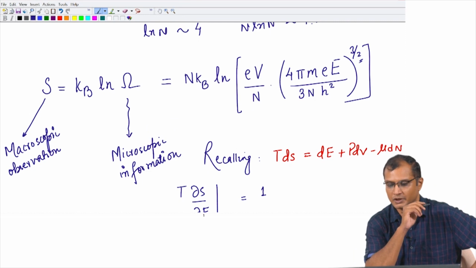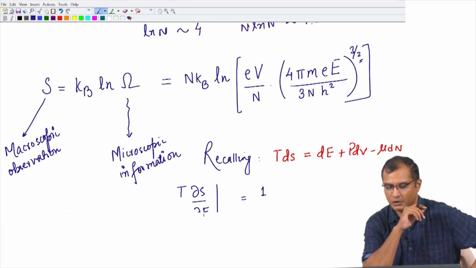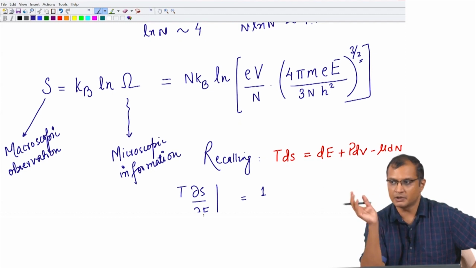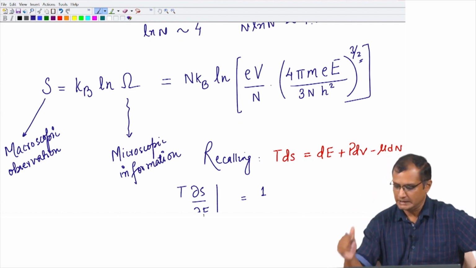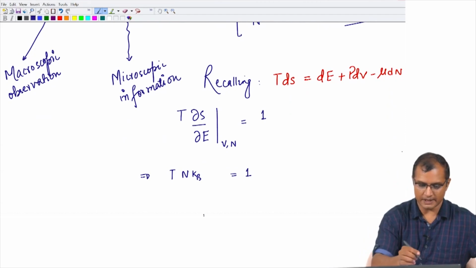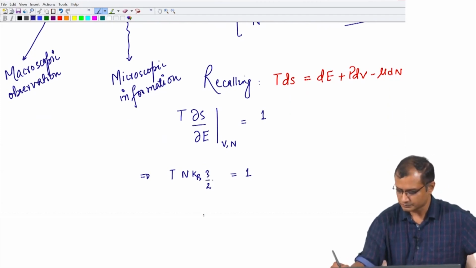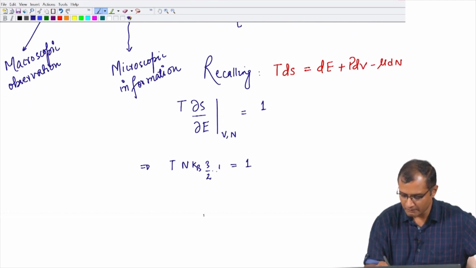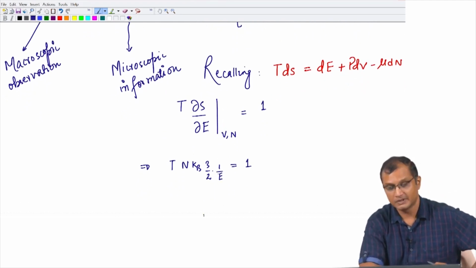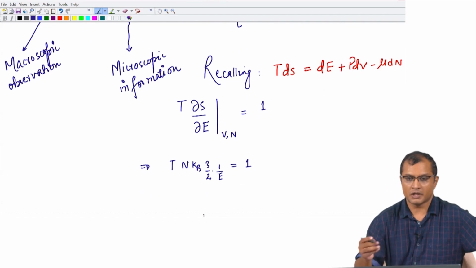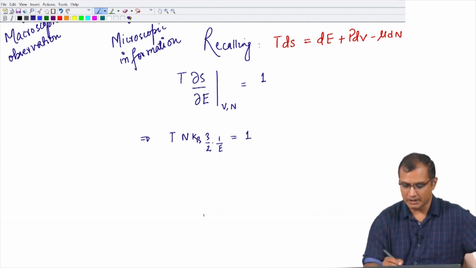Okay. So, if I take the logarithm of e raised to 3 by 2, it is just 3 by 2 times the logarithm of e. So, what I will get here is basically 3 by 2 into 1 by e, because the derivative of the logarithm of e is 1 by e.